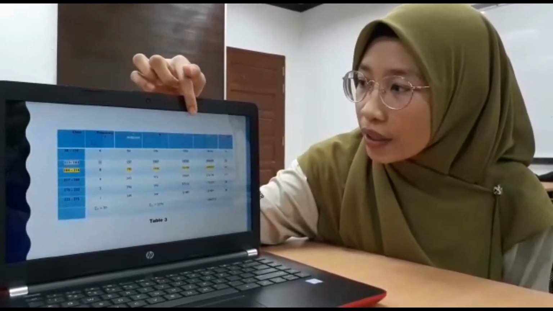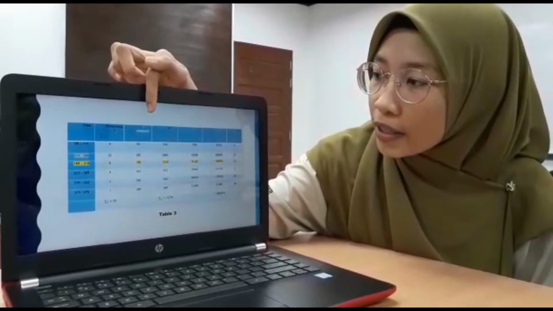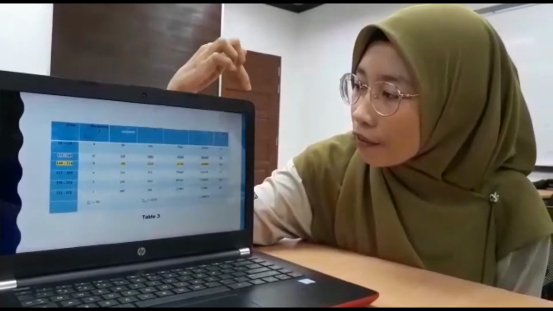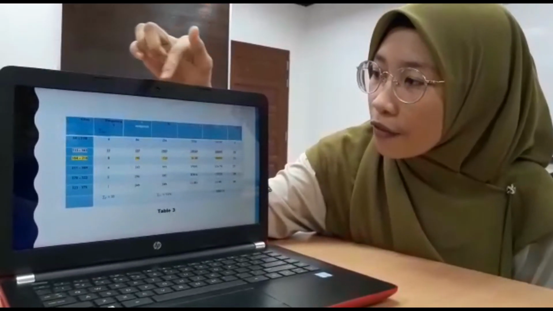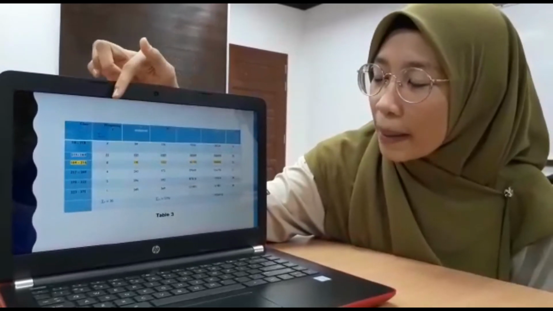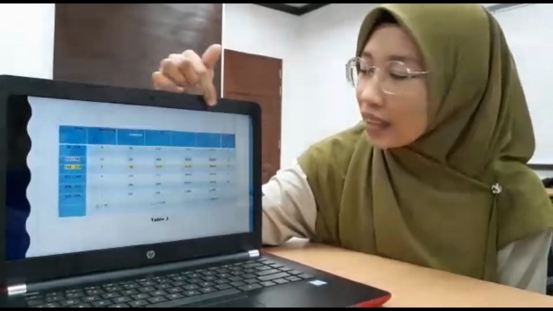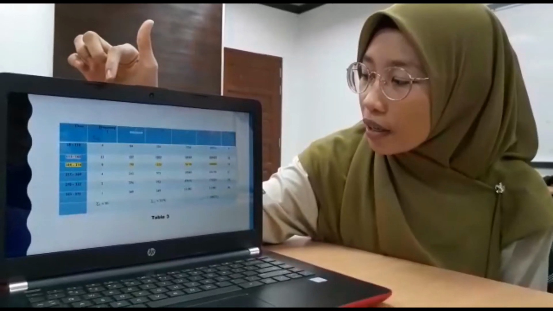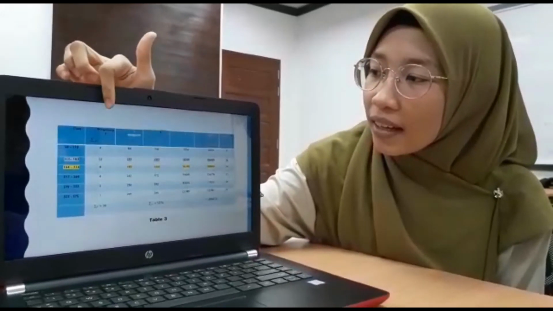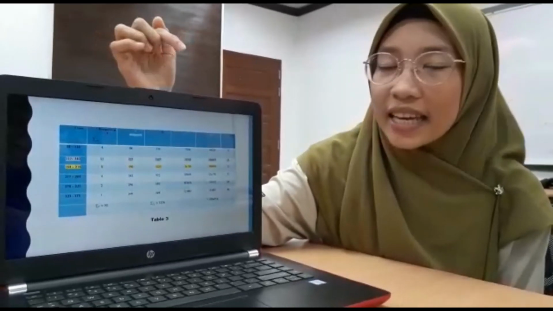For x square, we get it from midpoint square. For fx square, we get it from frequency multiply x square. And for the cumulative frequency, we get it from first frequency plus second frequency. And that's all from me.